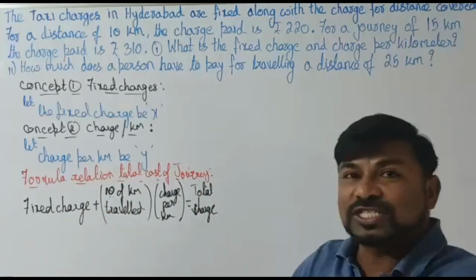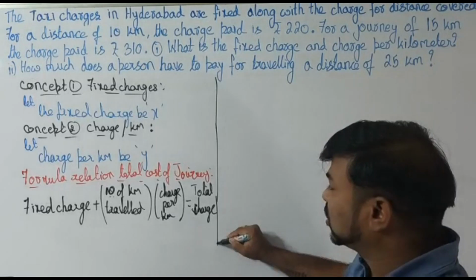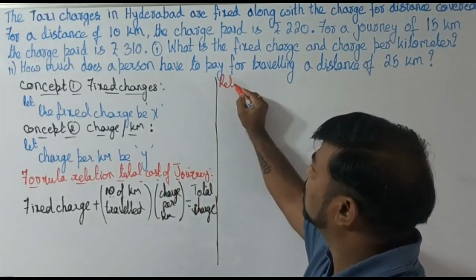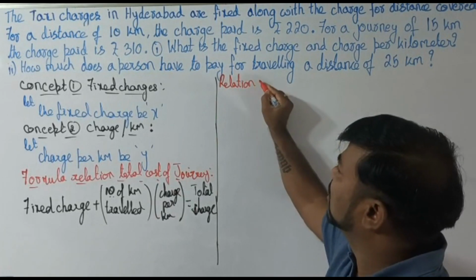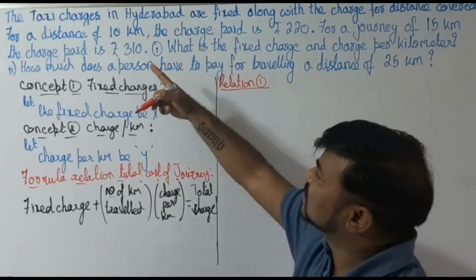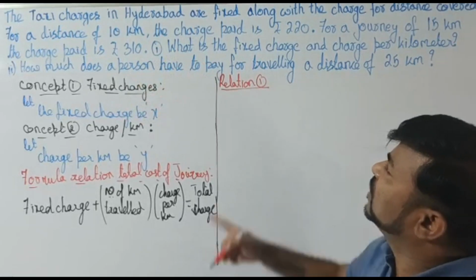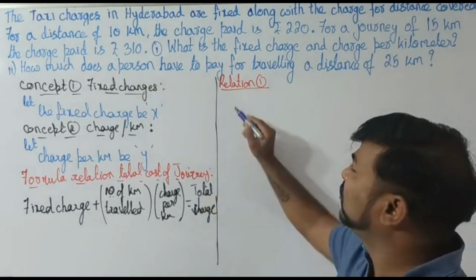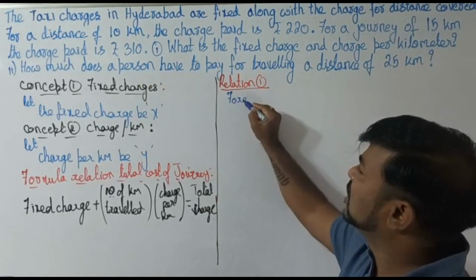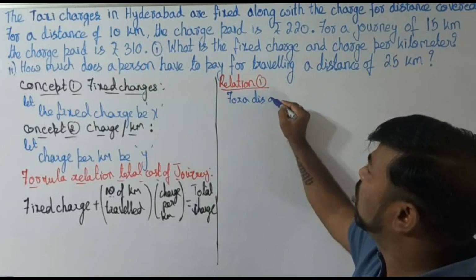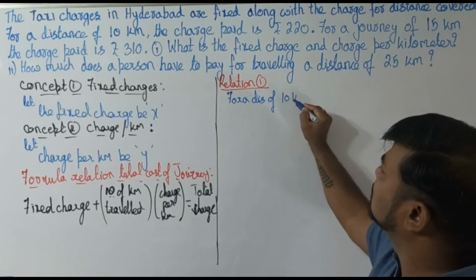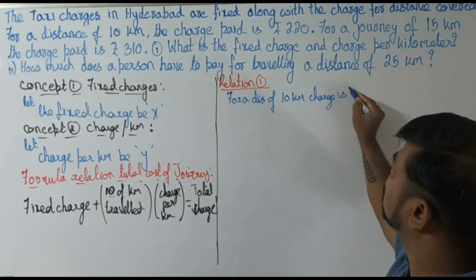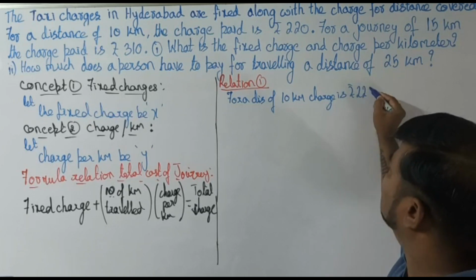Now, basing upon the formula, what are the two relations he has given? Let's work on relation 1. What is the first thing he has given? For a distance of 10 kilometers, the charge paid is rupees 220.